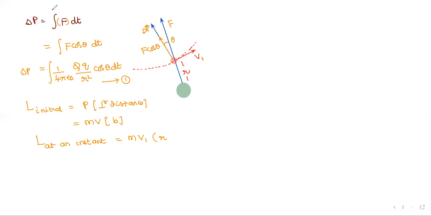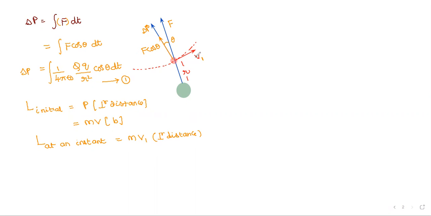So m v1 into simply the perpendicular distance. Since I am not considering v1 perpendicular to the separation, I am not considering this as r minimum, so I can't say it as m v1 into r.